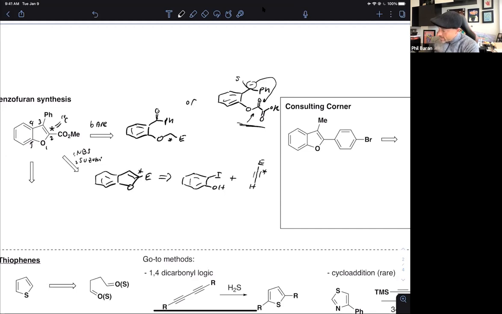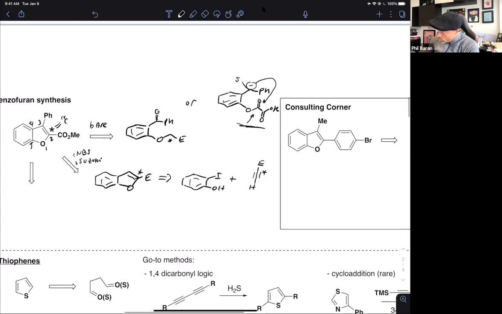And in practice, how we would do that would be in a stepwise way, where first we would disconnect 1,5. And that would lead us back to an intermediate like this. And then that comes back from something like this.